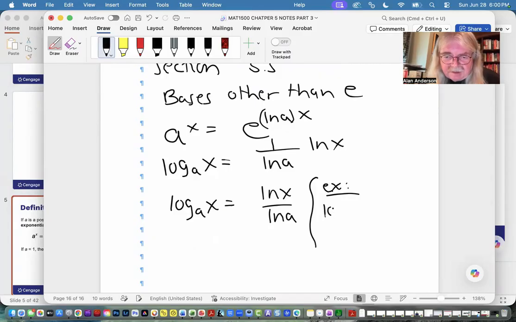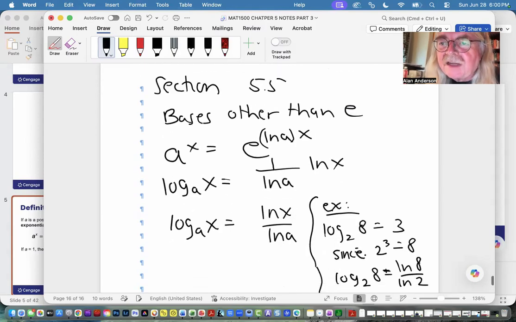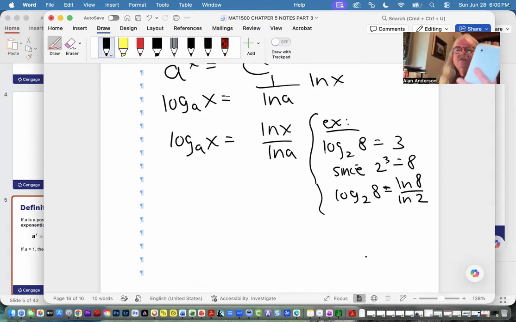For example, log base 2 of 8 equals 3, since 2 cubed equals 8, but we also could have done this. And if you go to your calculator, you'll see that that does in fact give us 3.